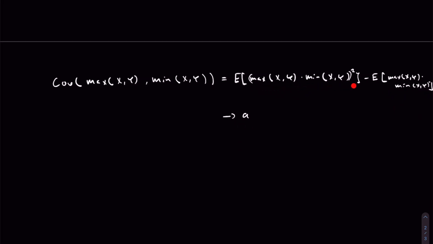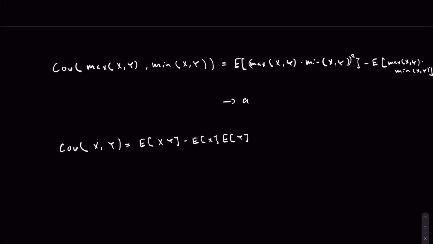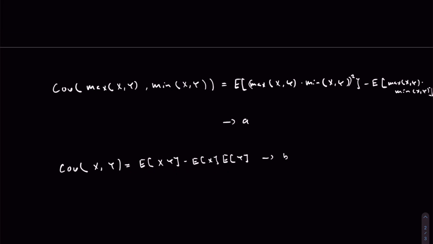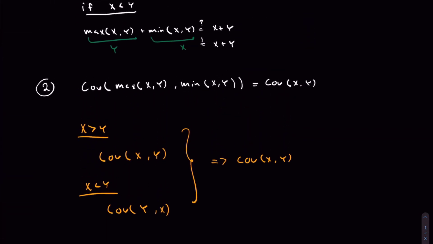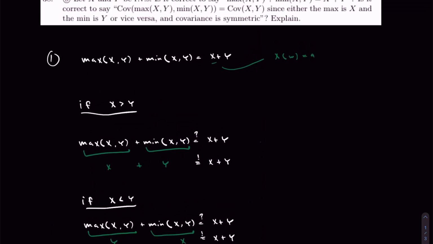And you'll see here that this will be different from taking the covariance of x and y, which is the expectation of x, y minus the expectation of x times the expectation of y. And this will yield another constant. These expectations are not the same, and hence the claim that these equalities hold is incorrect.